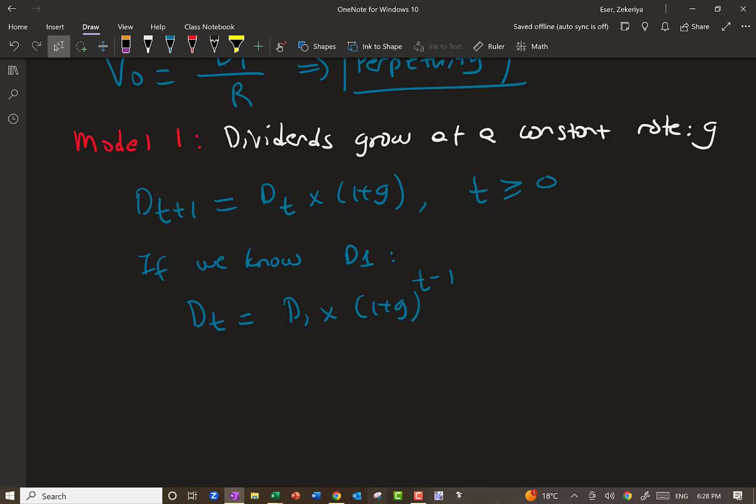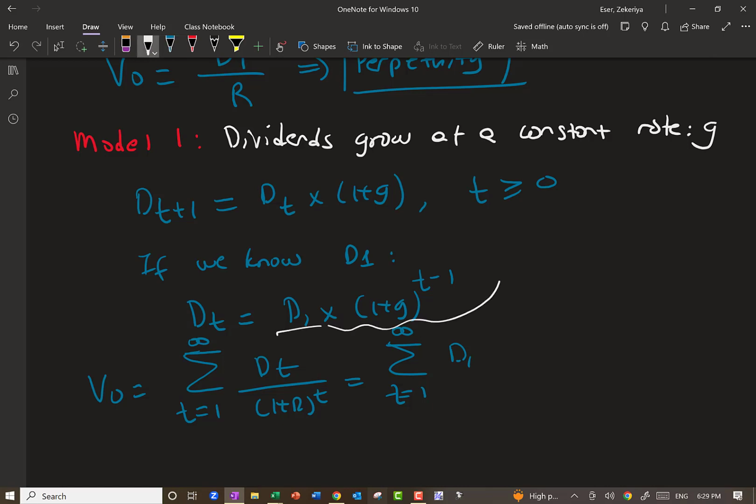So if we do that, not 0, 1. Use this formula for dt, d1 times (1 plus g) raised to the power t, 1 plus t minus 1, and so on.